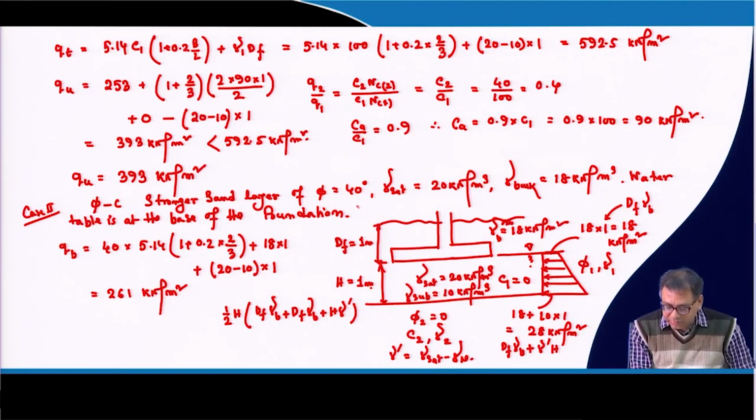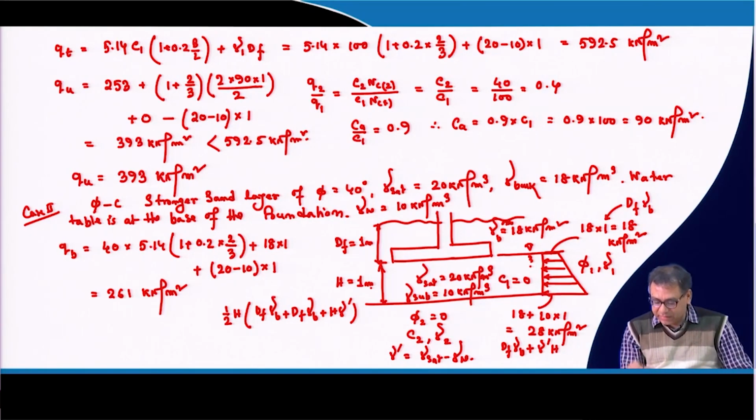Here gamma W is given as 10 kilonewton per meter cube, and gamma sat is 20 kilonewton per meter cube. So gamma sub, or gamma dash, is 10 kilonewton per meter cube.